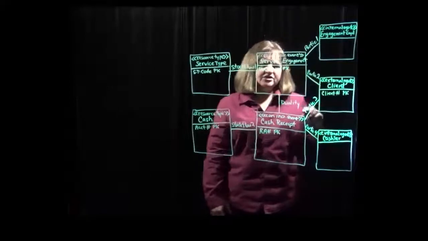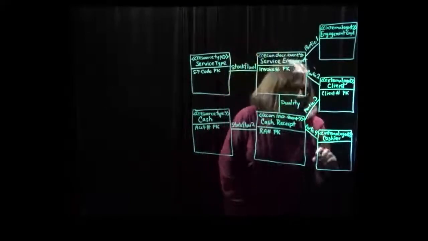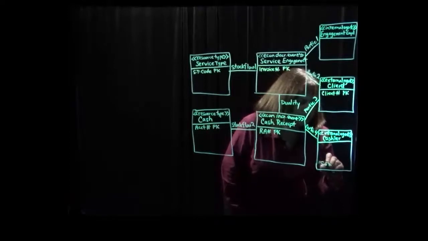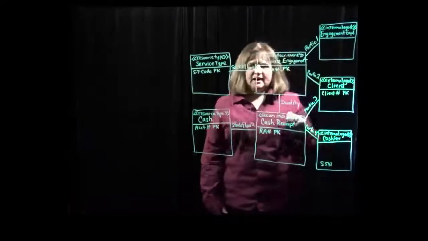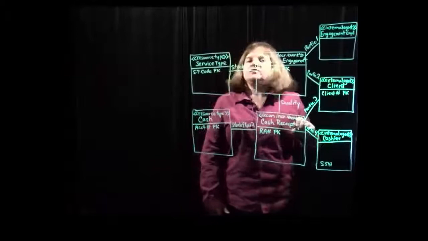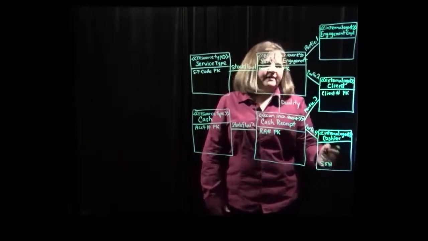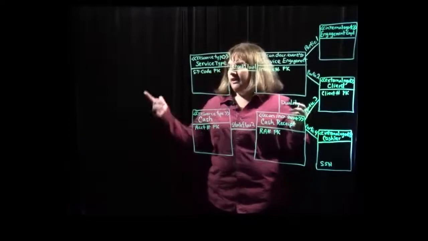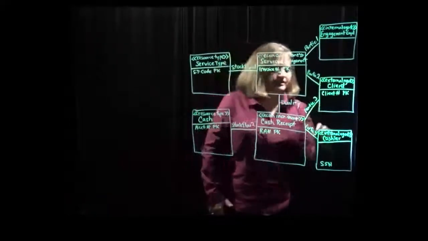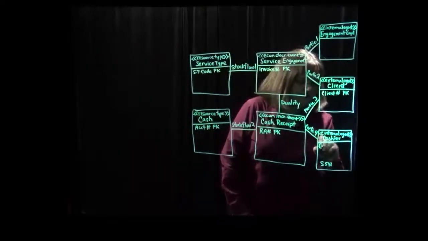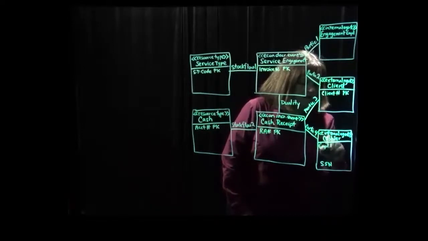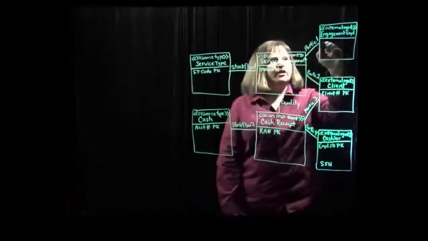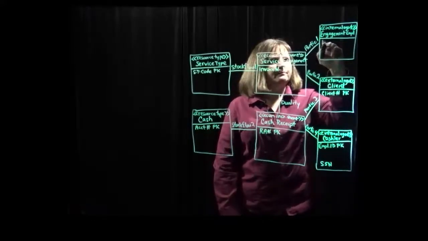Next, we're given the cashier social security number. Now, the social security number is not an attribute that we really want to use as a primary key. And so I'm going to put it down lower on the list because I happened to look ahead in the list and I saw that later on in the second column it gives us an employee ID that we're going to keep track of both for cashiers and also for engagement employees.